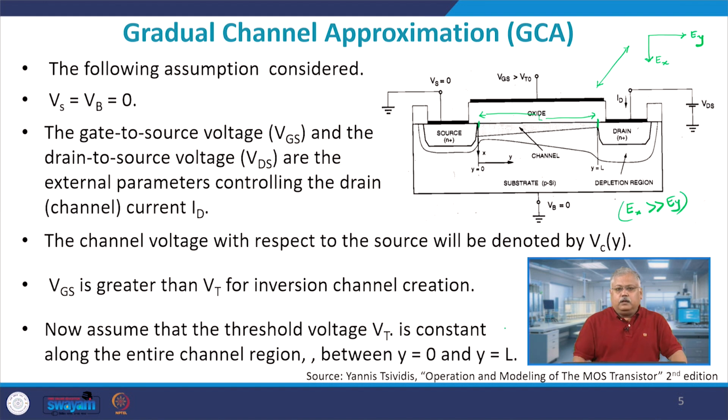Why? Because the transverse direction is just the oxide thickness, which is of the order of a few angstroms, whereas this channel length is of the order of a few microns. So, it is a three order difference in the electric field which you will see in the transverse direction as compared to the longitudinal direction. This is what is known as the gradual channel approximation.